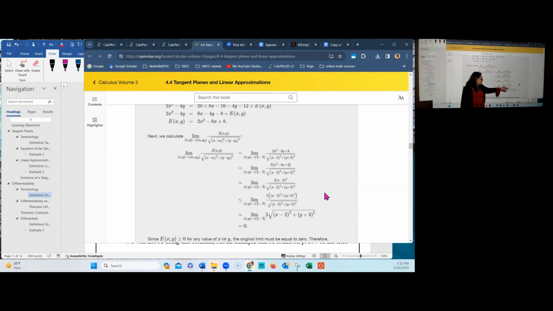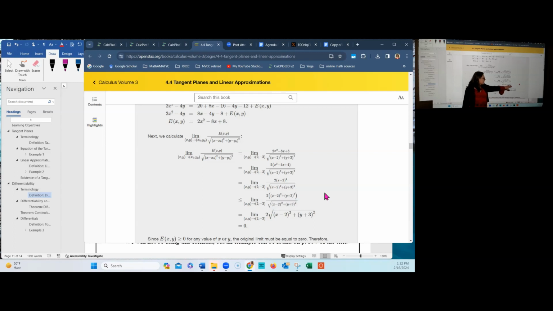This is the term 2 times the quantity y plus 3 squared. And note that it is not an equality symbol, but an inequality less than or equal to. Because the y plus 3 is squared, we know that it's positive, and multiplying it by 2 again makes it positive. So we're adding a positive value to the numerator, which will make it a larger value. And this is why the inequality points in the direction that it does.